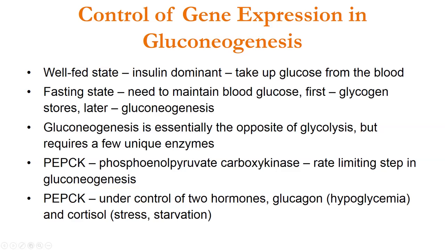And the other hormone that can control it is cortisol. Cortisol is produced when you are stressed or when you reach starvation. Starvation is a metabolic term in biochemistry. When you get past the fasting state, and let's say it's about 12 to 24 hours when you start entering starvation, your body actually metabolically will react differently.